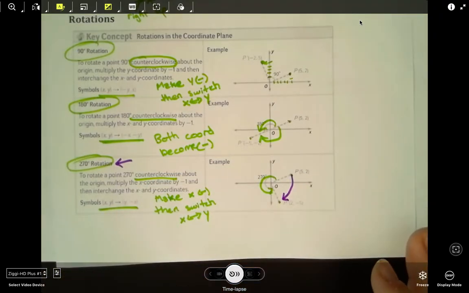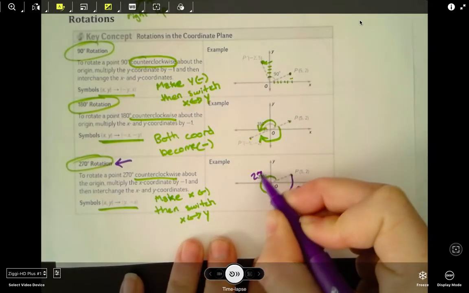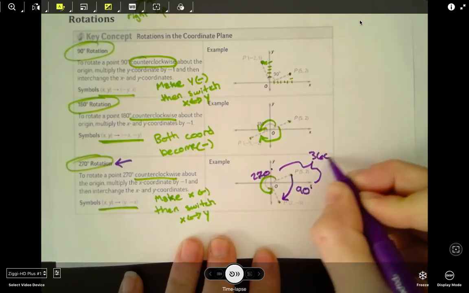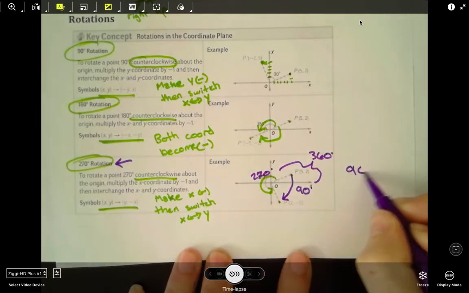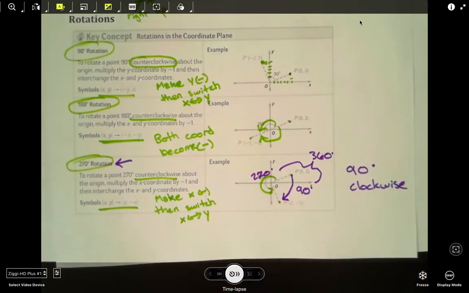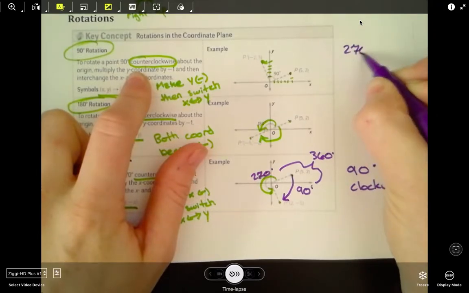Does that make sense? 90 plus 270 adds up to 360. So if I do 90 degrees clockwise, it's the same thing as 270 degrees counterclockwise. Make sense? What happens if I say I want to go 270 degrees clockwise? Yeah, you're going to go 90 degrees counterclockwise.